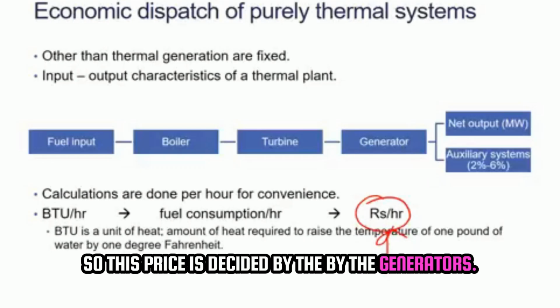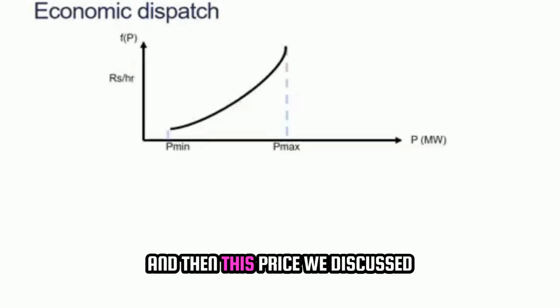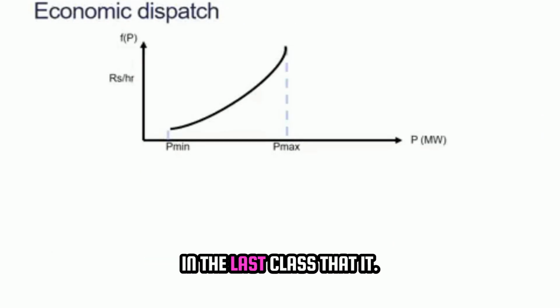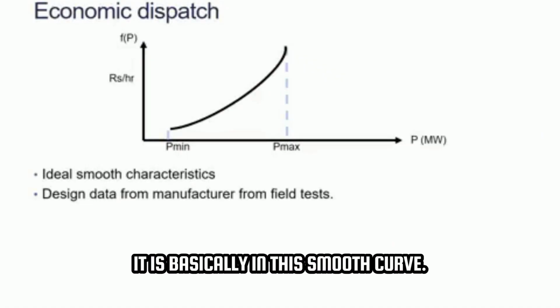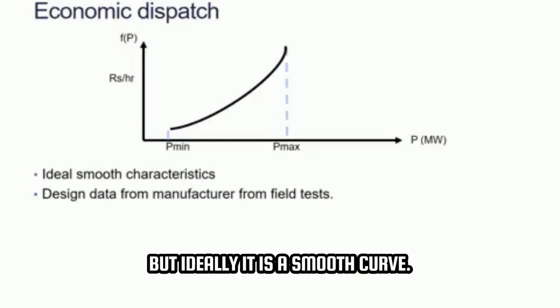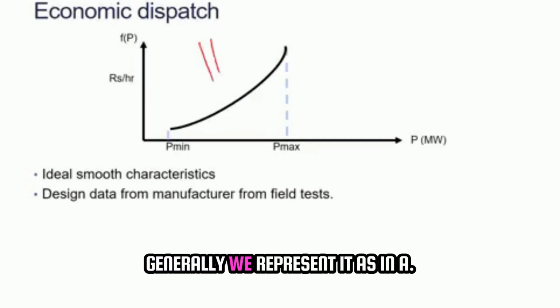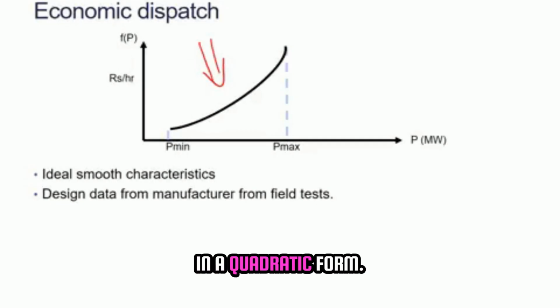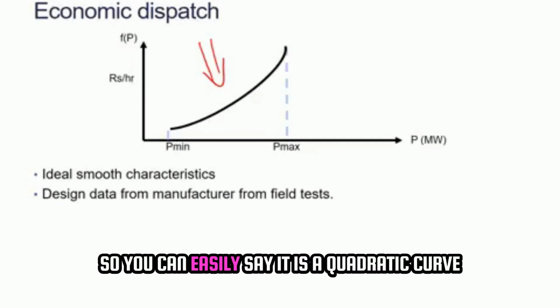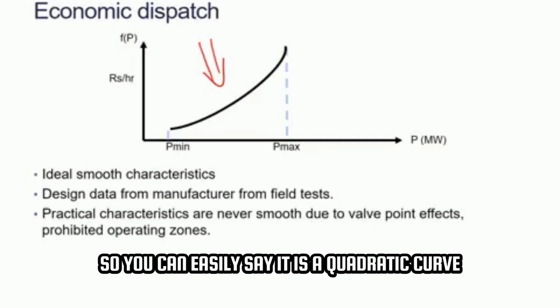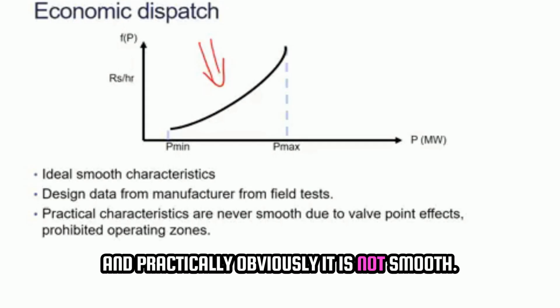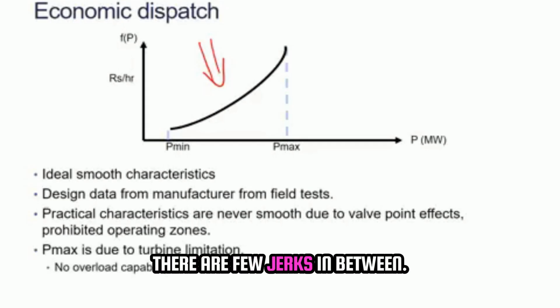This price, we discussed in the last class, ideally is a smooth curve in an increasing sense, and generally we represent it in a quadratic form. So you can easily say it is a quadratic curve, and practically obviously it is not smooth. There are a few jerks in between.